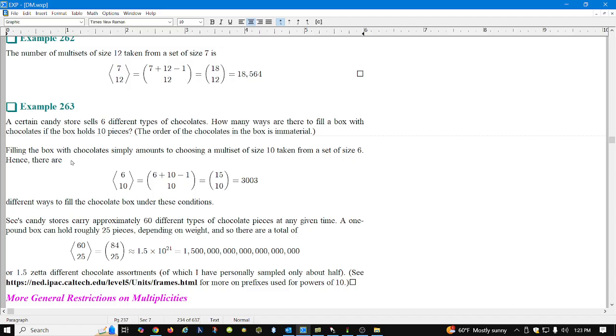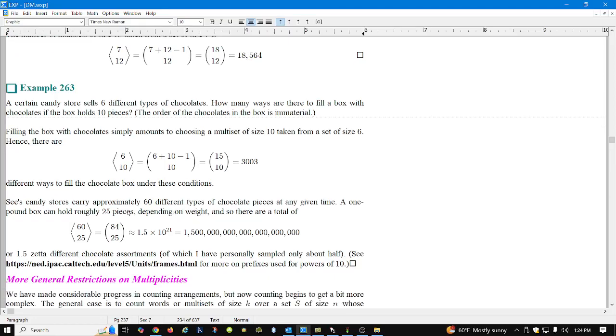Well, filling the box with chocolates amounts to choosing a multiset of size 10 from a set of size 6. No restrictions on multiplicities except the natural ones. You know, you can't put 11 pieces of candy in a box that only holds 10. So 6 multi-choose 10, which is 3003.